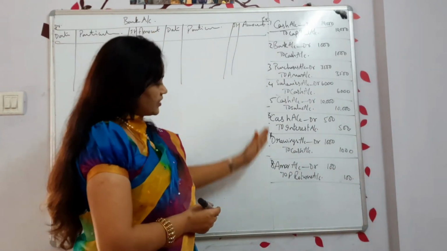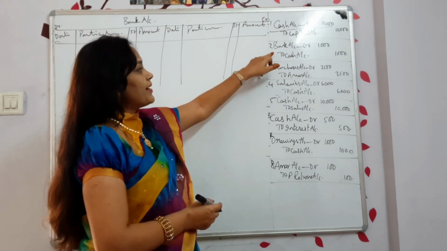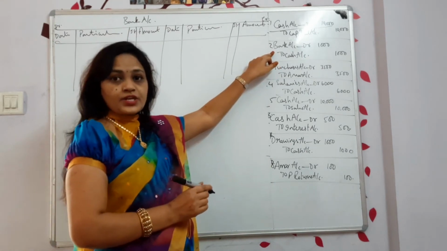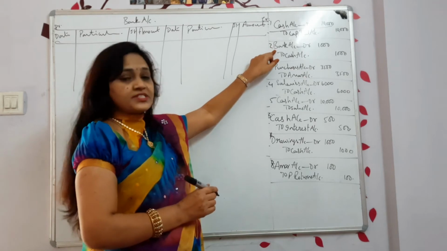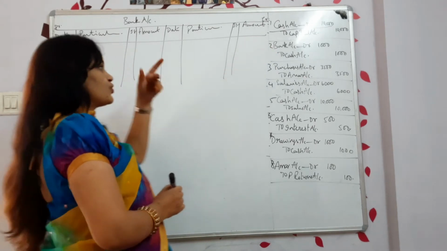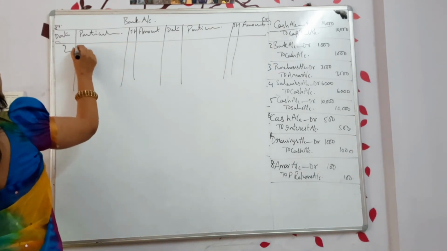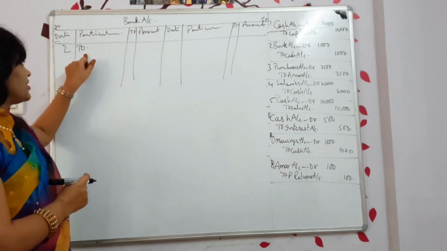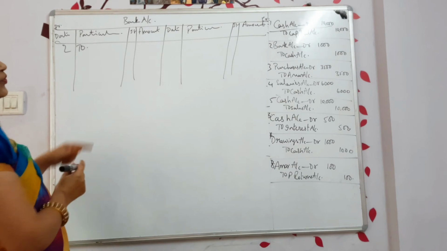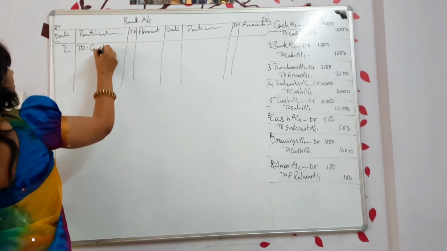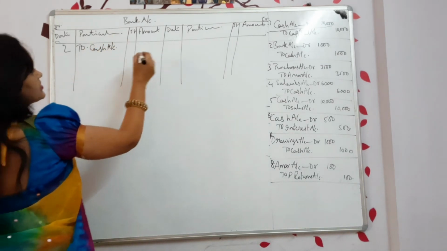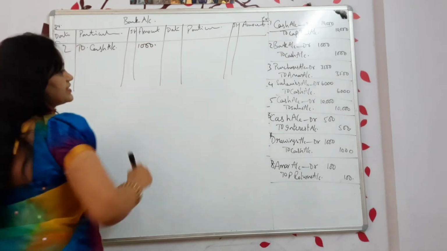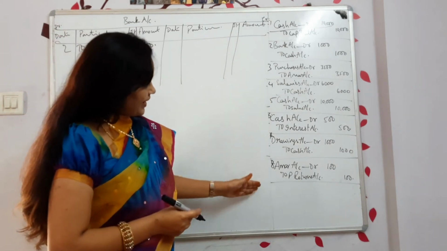Now, bank account I am preparing. First, check all the journals where you can see the word bank. In the second transaction, I can see the word bank. Debit side or credit side? Debit side. So write down on the debit side, starting with 2: to cash account. What is the amount? 1,000. Is there any other place you can see the word bank?